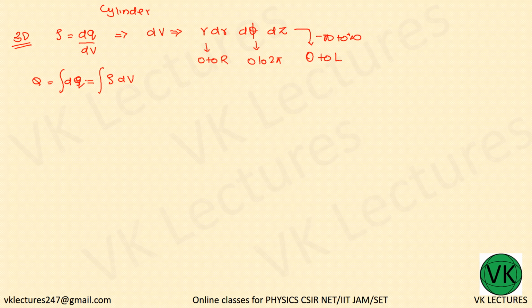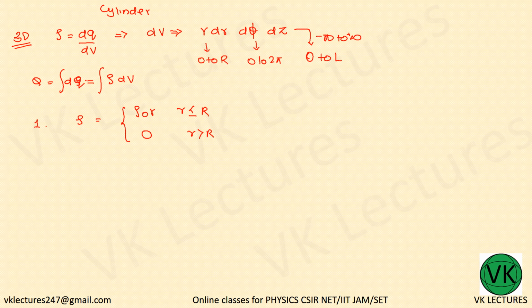Question number 1: rho is given by rho naught r for r less than or equal to capital R. That means until small r equals capital R, the value of rho is rho naught r, and after that it is 0. For r greater than capital R, the charge density is 0.